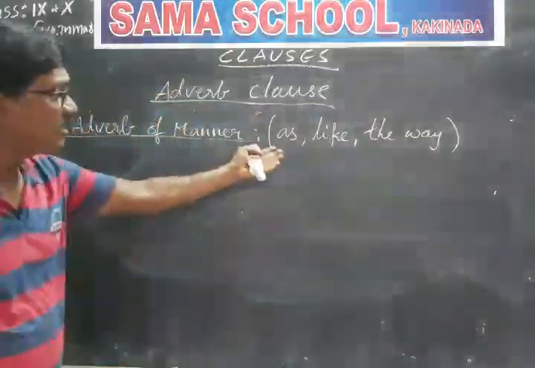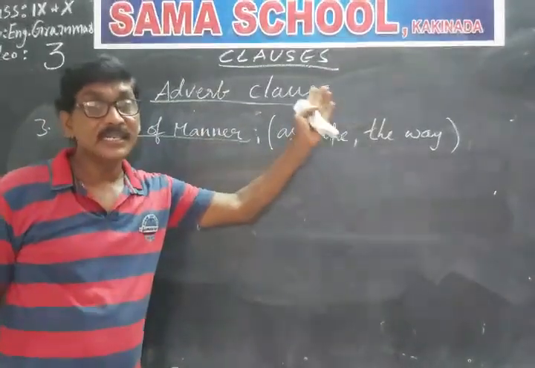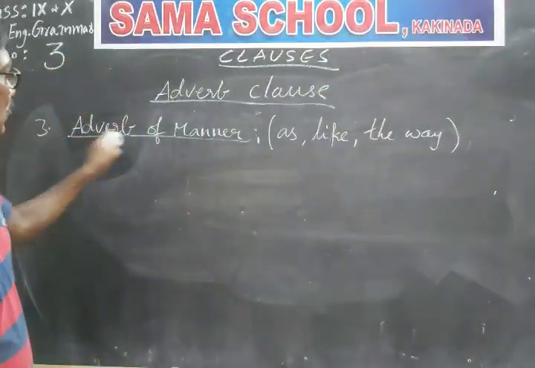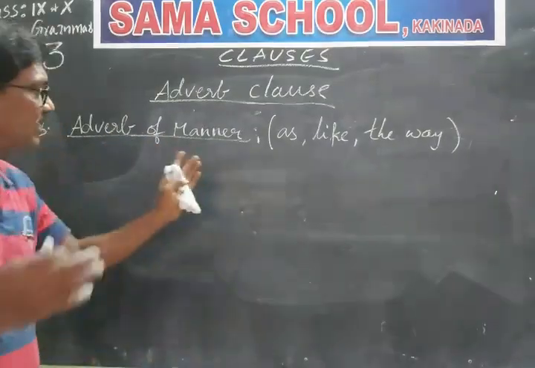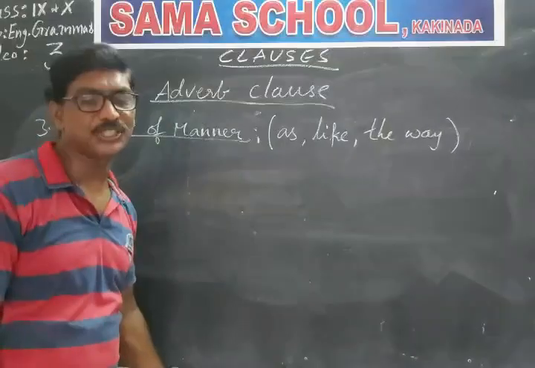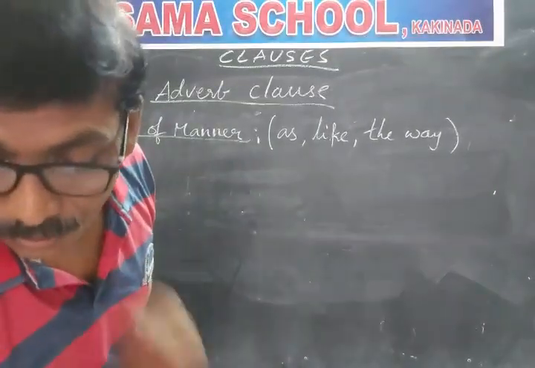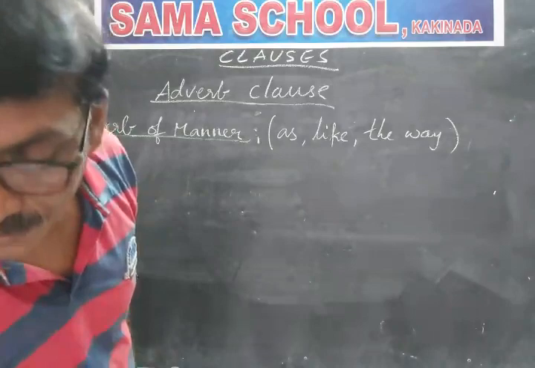So with one of these subordinating conjunctions, this adverb of manner clause will start, and it tells how the action is done. Now here, I will tell you an example.